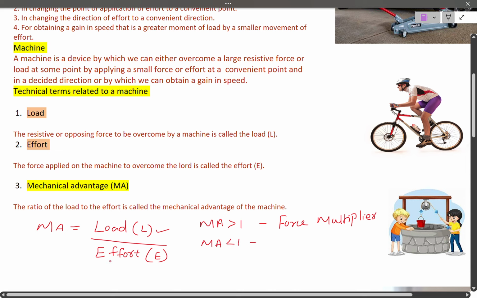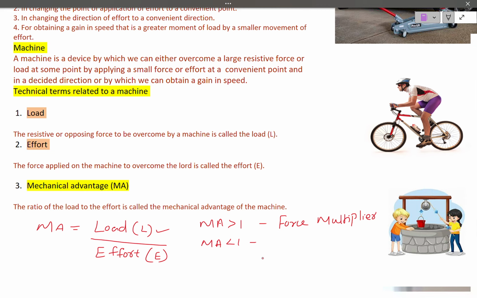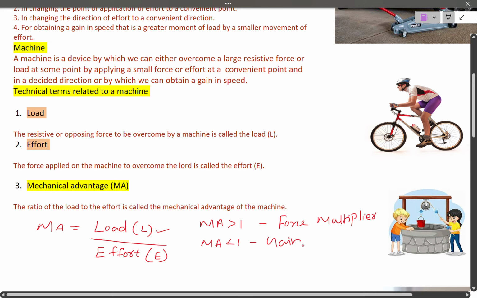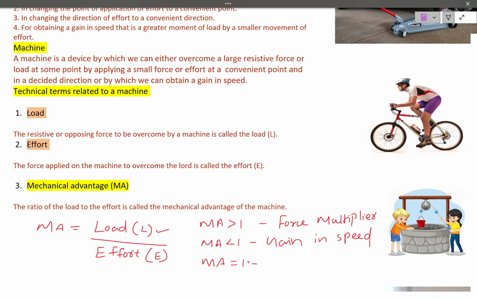Less than 1 means effort is greater than the load. That means it acts as a gain in speed. And mechanical advantage can be equal to 1. That means it can be used to change the direction of effort to a convenient point.